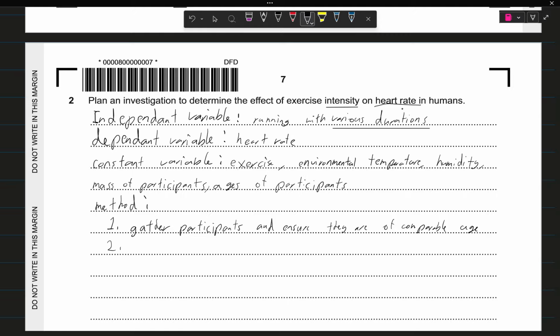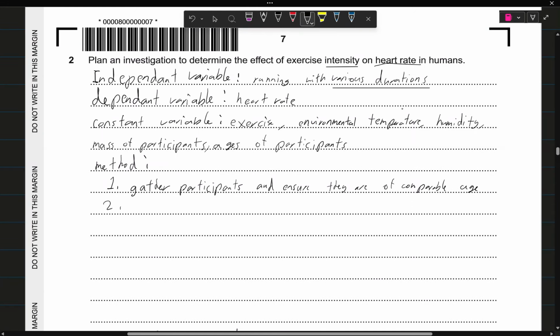You try to give this to someone who does not know how to do the experiment, so they will be able to follow these steps and do exactly what's written, and successfully do this experiment. After you gather the participants, you use a scale to assess the participants' mass.